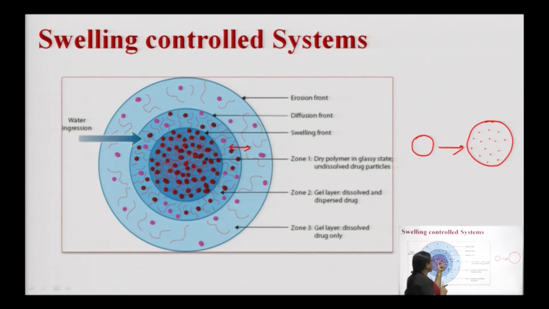And the outermost zone is defined by the erosion front, because here the polymer may erode as well as the drug will move out into the external environment of the body. So, this is how these swelling control systems are active.